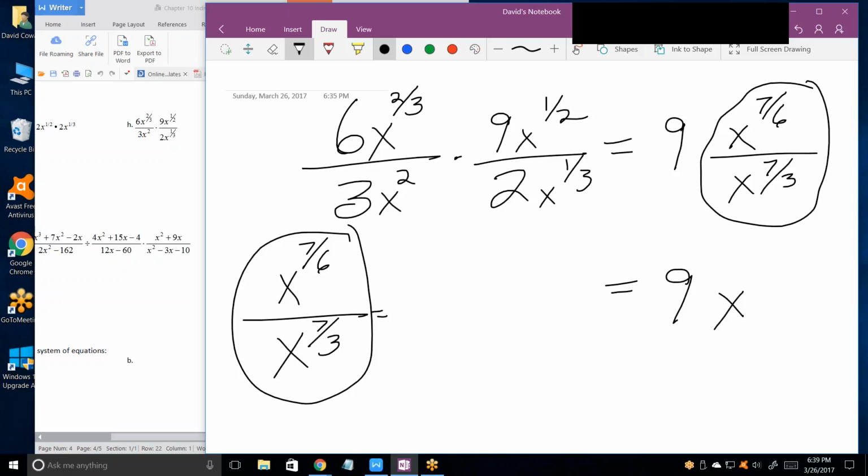When you're dealing with the rules of exponents, here's a really good way to memorize it. When the bases are being multiplied, you're going to do one level less with the exponents. You're going to add them. When the bases are being divided, you're going to do one level less with the exponents. You're going to subtract them.